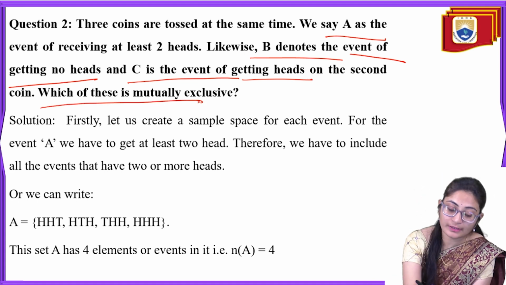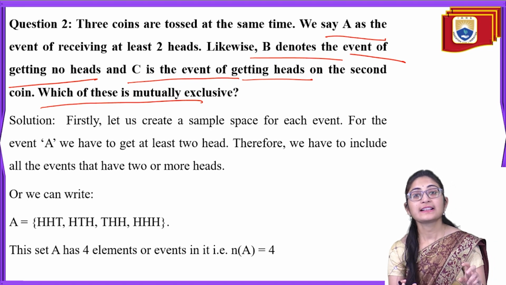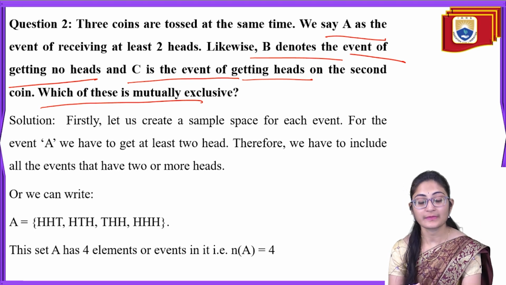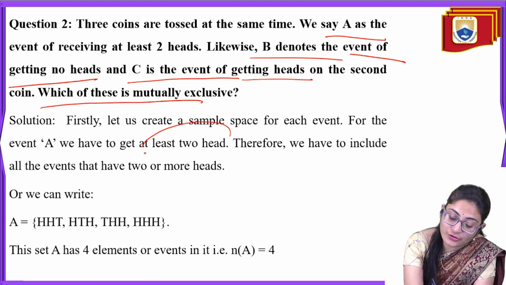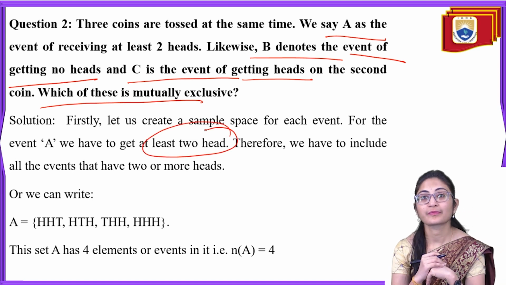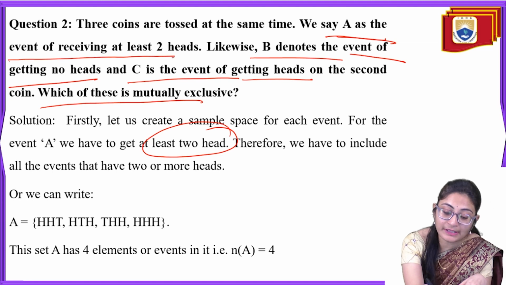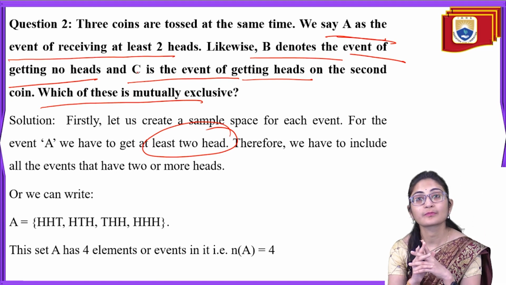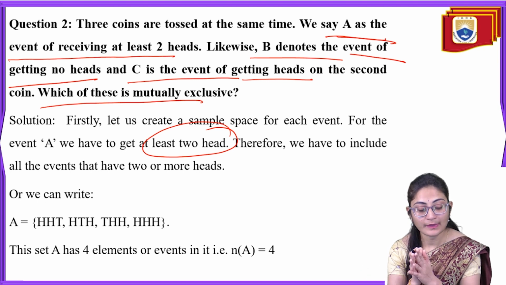So which of these are mutually exclusive? First, let's create a sample space for each event. For event A, we have to get at least 2 heads. We are tossing 3 coins at the same time.